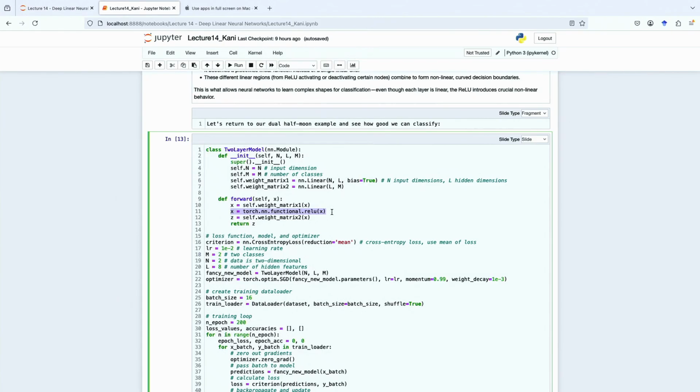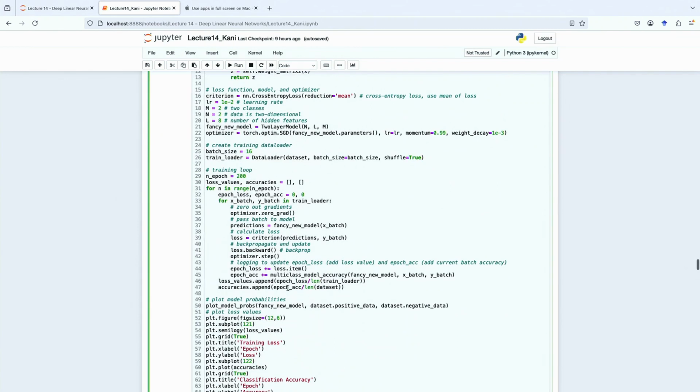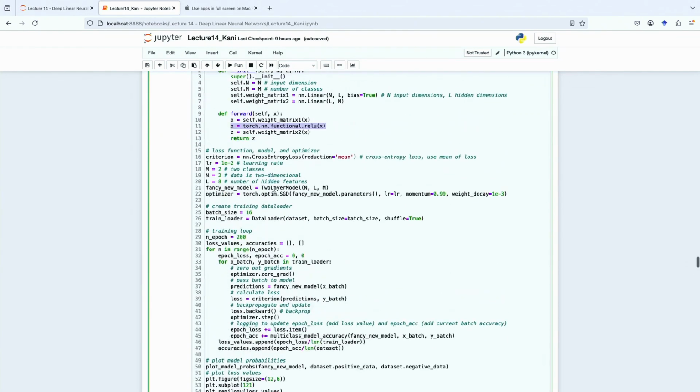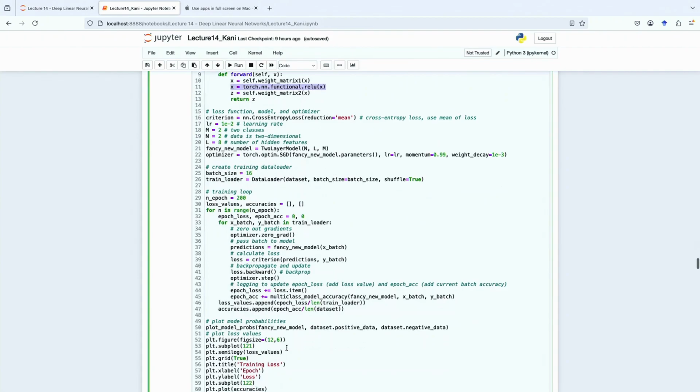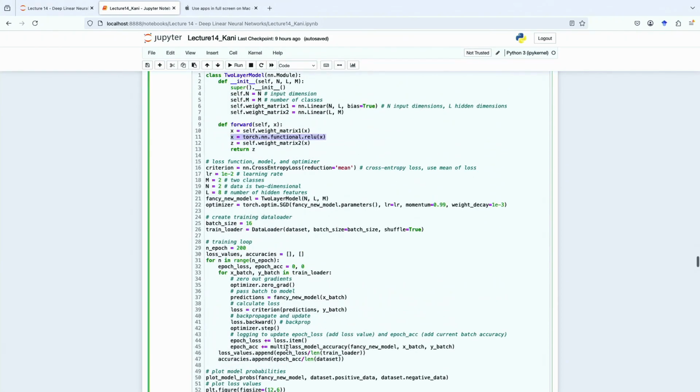And so that allows us to have barriers combine in a way that curves the summative barrier around the classes. And then we optimize. And so having 8 hidden elements means, okay, we do all of this.